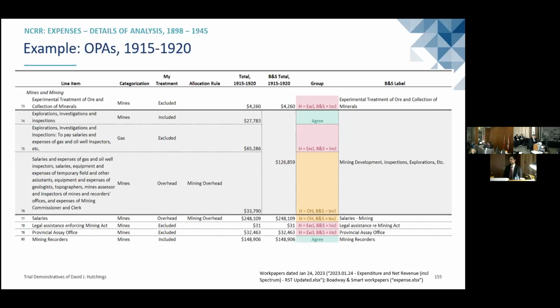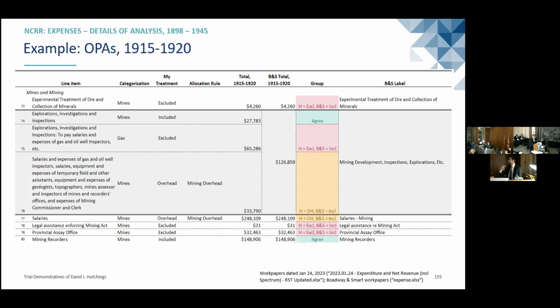And then line item 76. Just before you go there, in Professors Bodway and Smart's data, there's a label mining development, inspections, explorations, etc. And there's a number there of $126,859. This is another example of a number that doesn't appear in the public accounts.